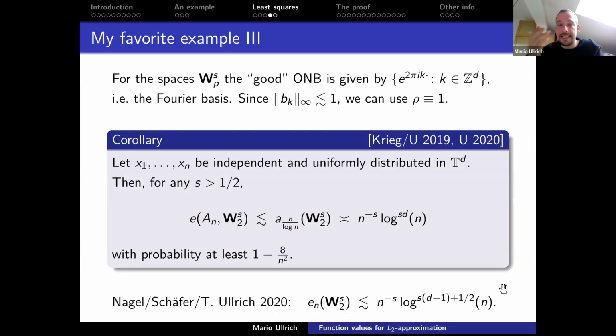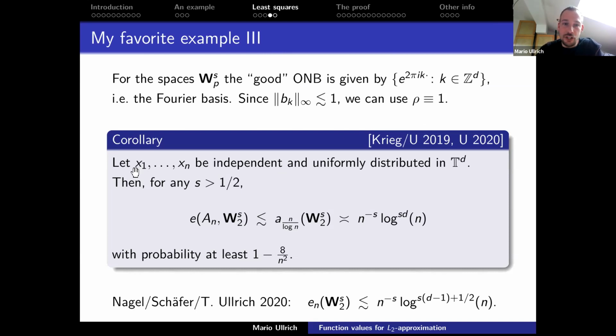Let us come back to this example, and this was the first result we had here, David and myself. What we get out of the first result is that the good orthonormal basis is given by the trigonometric system. This is well known, and by this we also know that we can choose the density constant 1 in the example I just showed you.